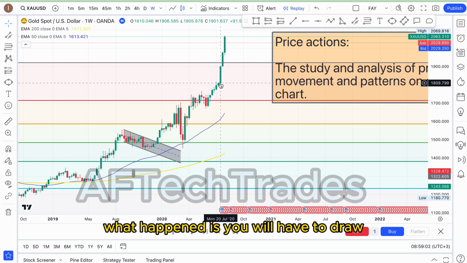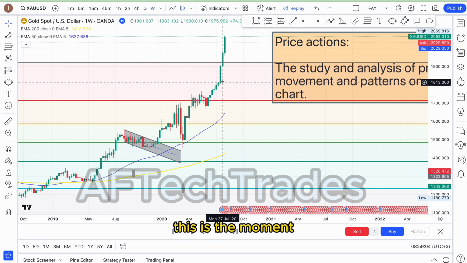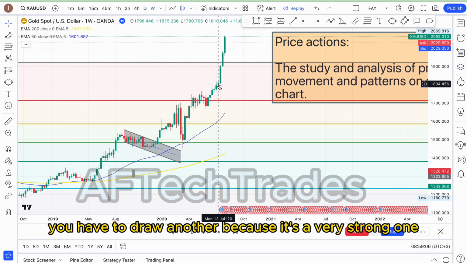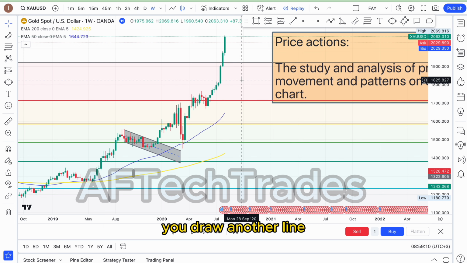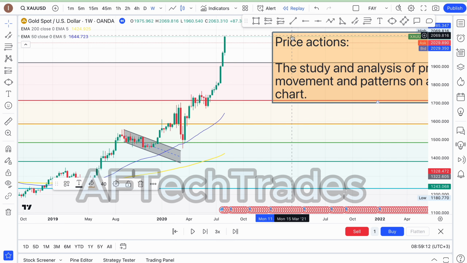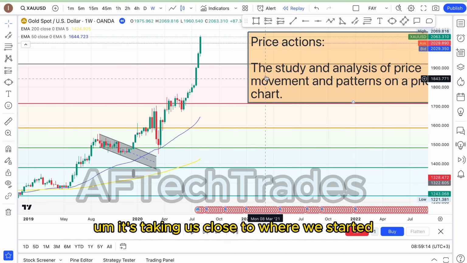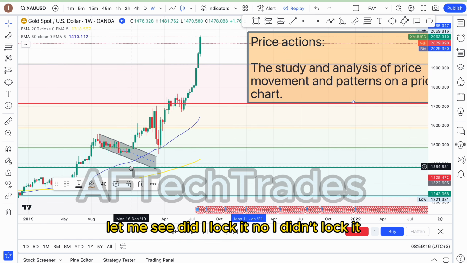What happened is you will have to draw another line. This is the momentum, this is the last candle, and because it's a very strong one, you draw another line. It's taking us close to where we started. Let me see. Did I lock it? No, I didn't lock it.